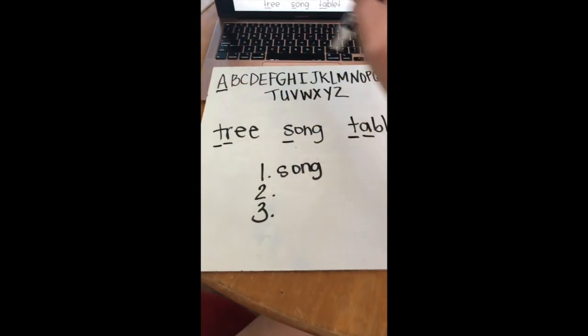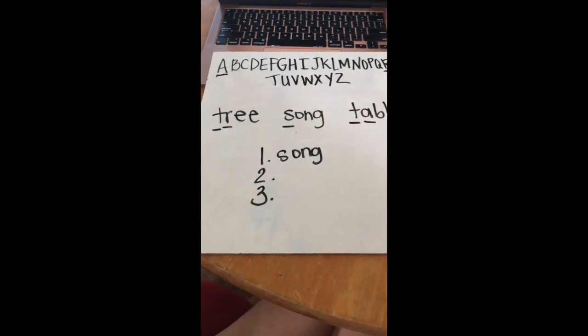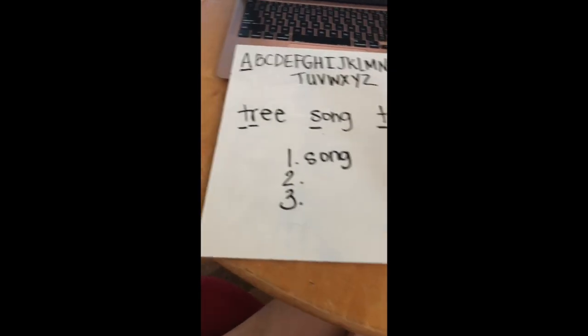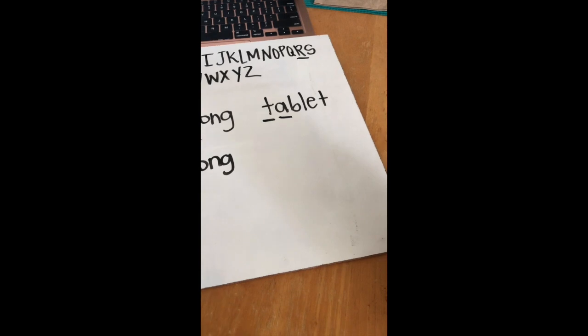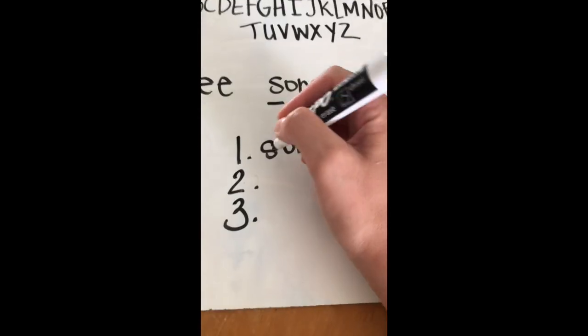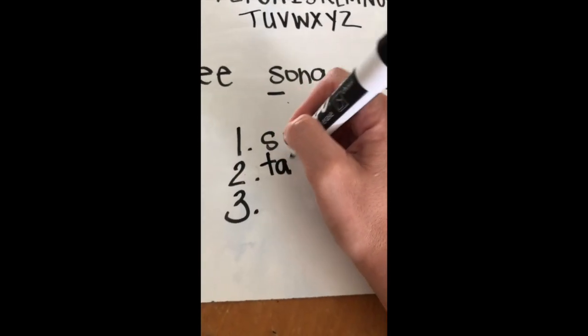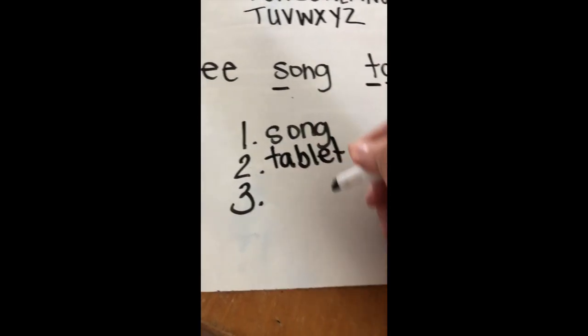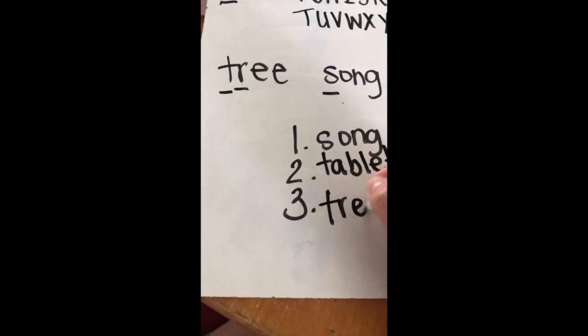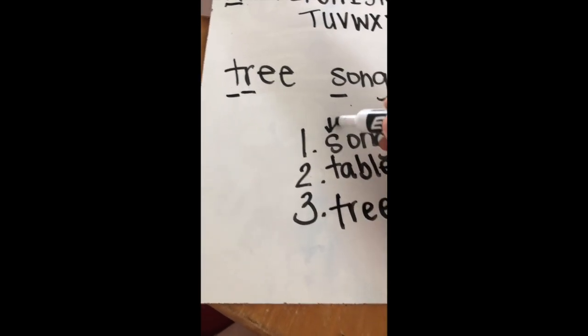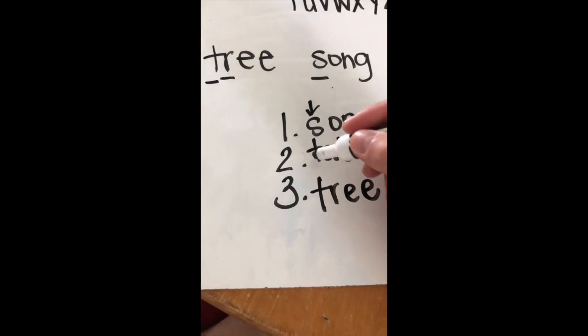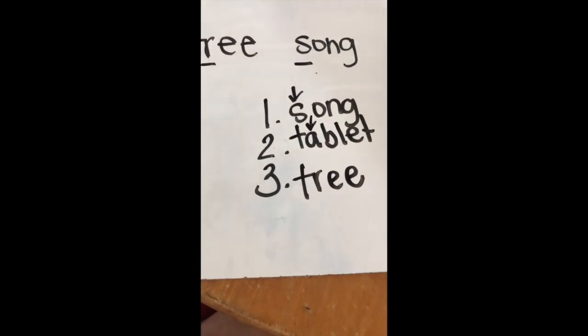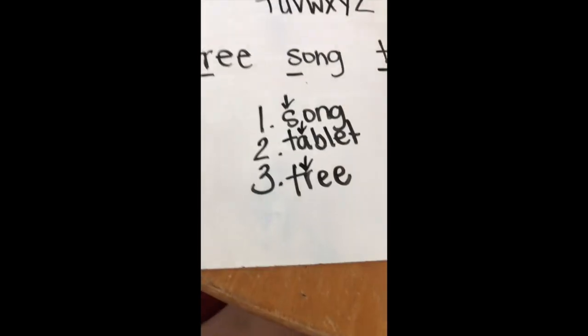Here's my A, here's R. If you said the A comes before the R, you are correct. So tablet comes before the word tree. So my order is going to go song, tablet, then finally tree. We looked at the first letter, and then when it became the same letter, we looked at the second letter in each word.